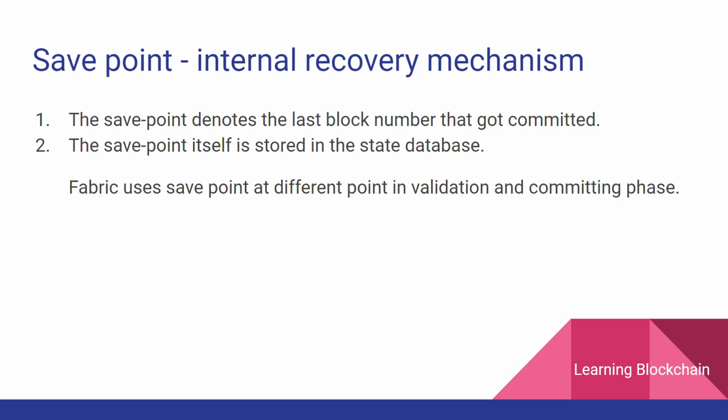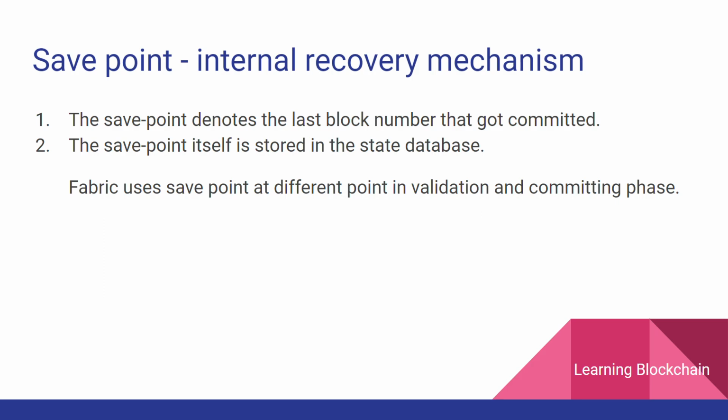Whenever we first started with the Windows installation, if we can remember, there is something called the checkpoint, and we ran some kind of restore mechanism to restore Windows to that particular point. If you can relate that to the recovery mechanism of Hyperledger Fabric, then it will be easier for you. After each important process, Hyperledger Fabric also stores useful data like the save point and checkpoint info inside its file system or databases.